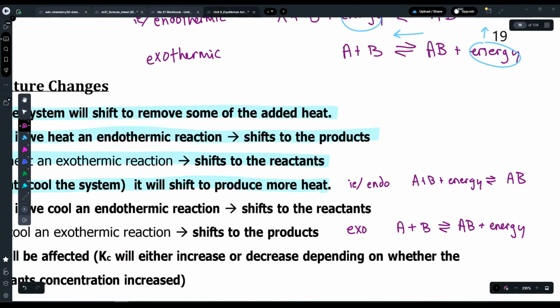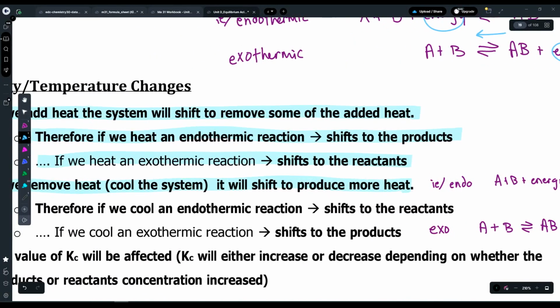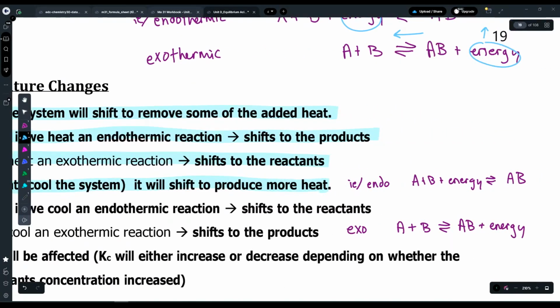Okay, so for an endothermic reaction, if we're cooling down the system, that means we are removing the heat, or we're taking away the heat. So an equilibrium will shift towards what you're taking away. So that means that if you cool down an endothermic reaction, the reactants will be favored.